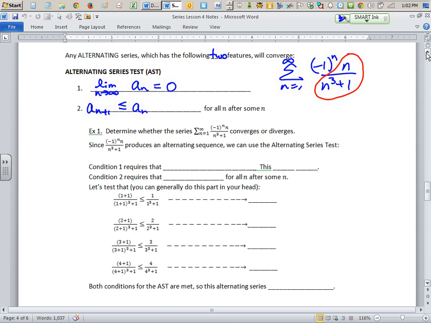So an alternating series must not only diminish towards the n-axis, but it also needs to do so monotonically. So I'll draw a picture of what this means. If you get rid of the alternator, and you just look at a sub n here, it needs to be doing this, not this.